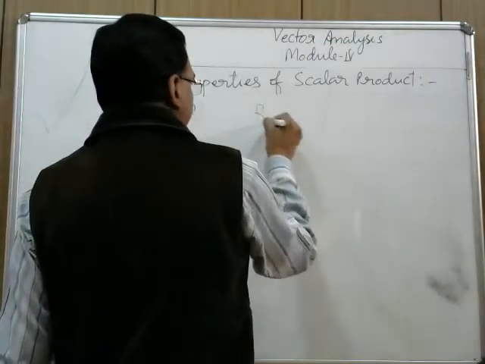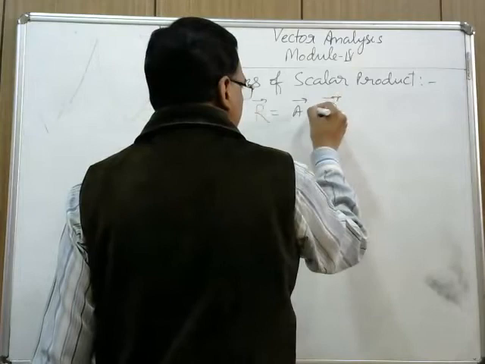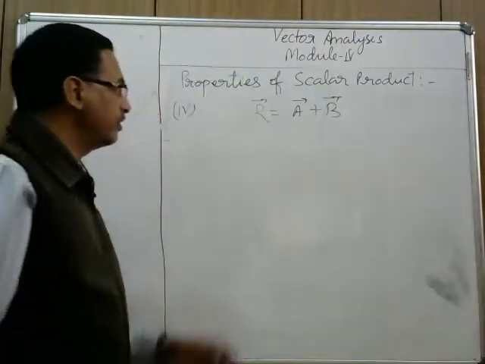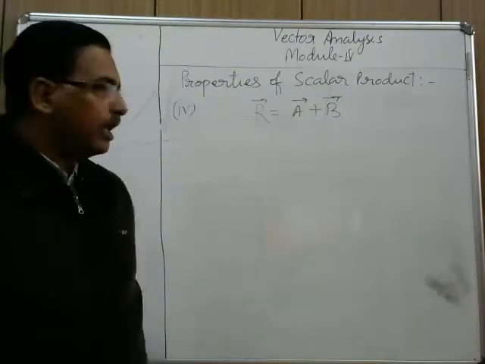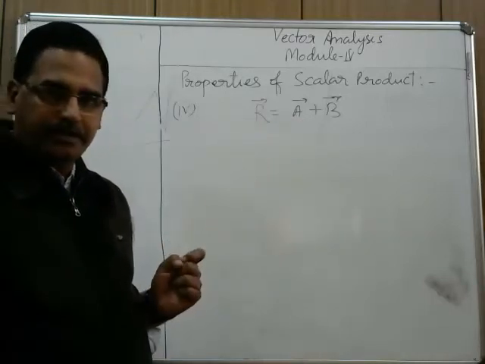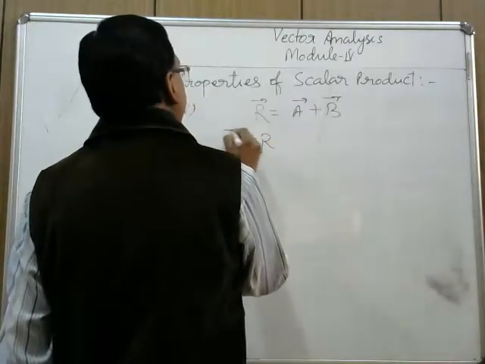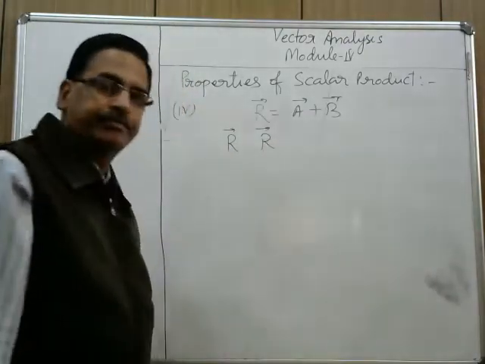As I told you, vector R equals vector A plus B. This is vector R. I will take the self product of this vector, that is R dot R. This is called self product.